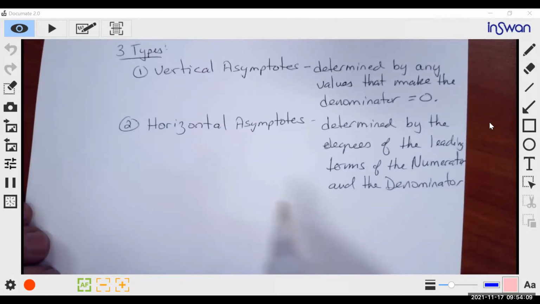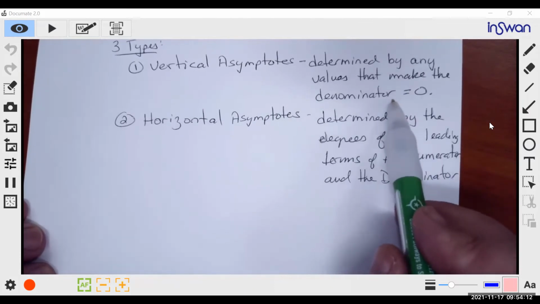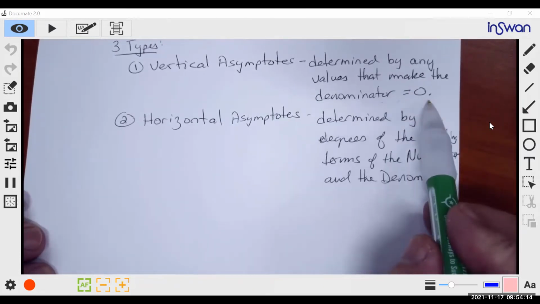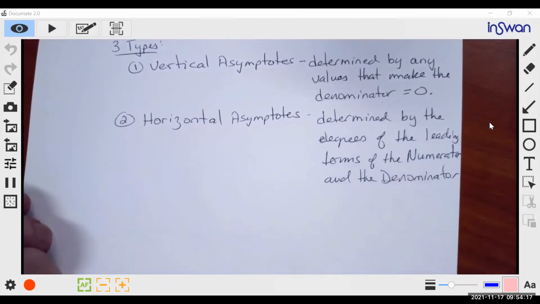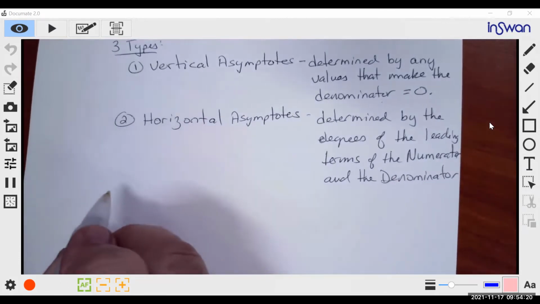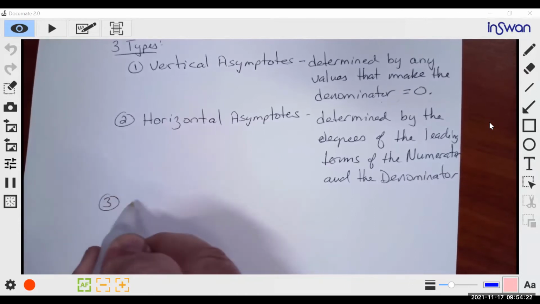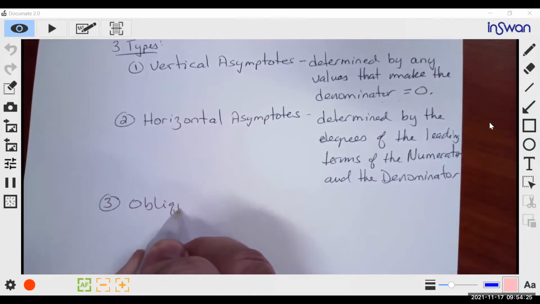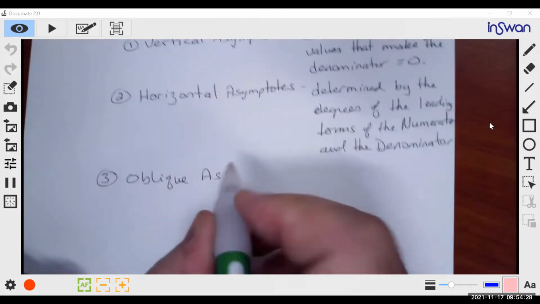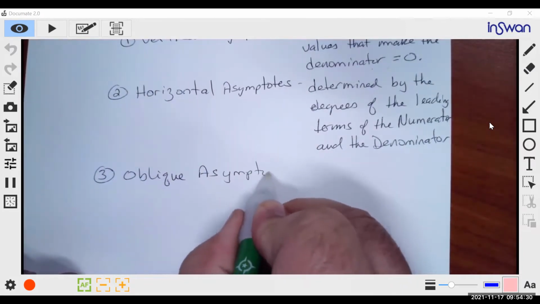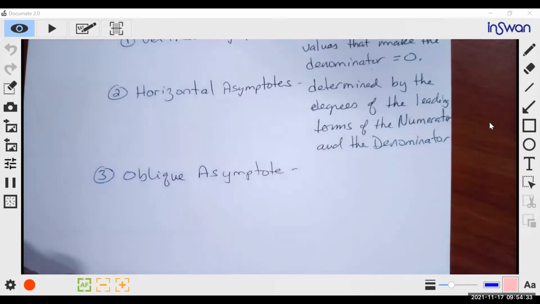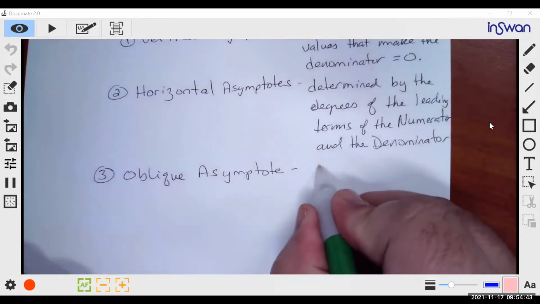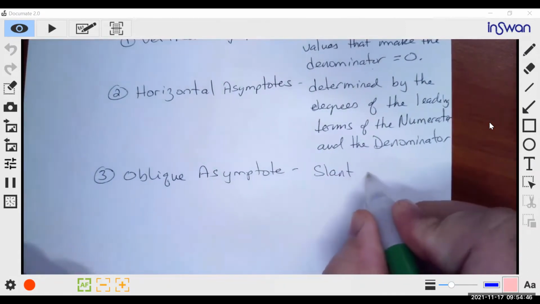All right, so again, we have a vertical asymptote. That's by the denominator, the bottom number equals 0. Horizontal asymptotes, only the leading terms of the top and bottom. The third one is called an oblique asymptote. We call that the slant asymptote.